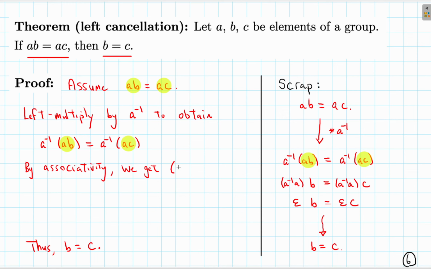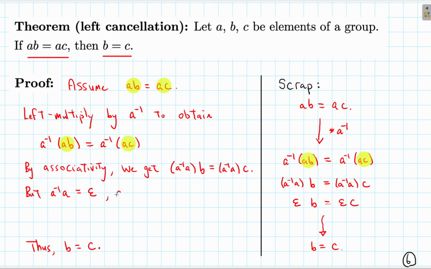So I can write it here. A inverse A times B equals A inverse A times C. But A inverse A equals the identity because A inverse and A are inverses of each other.